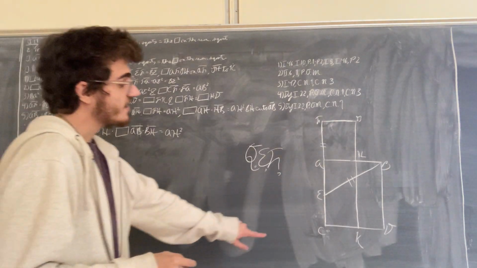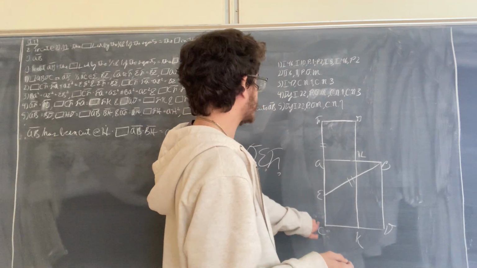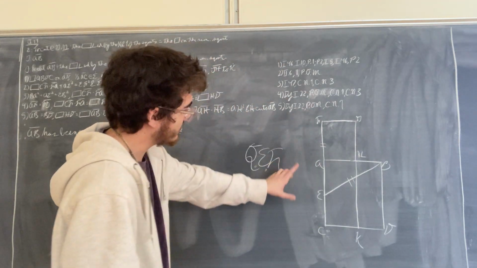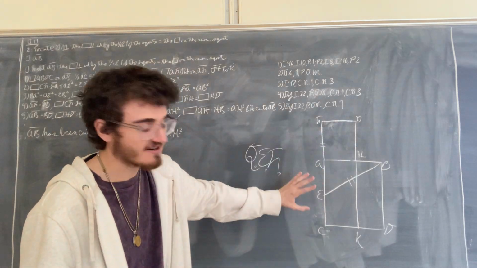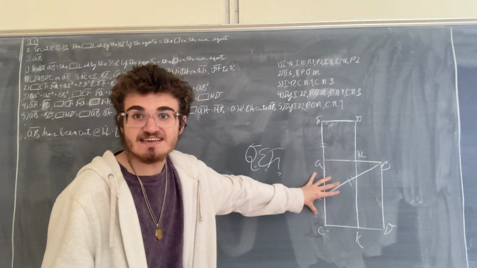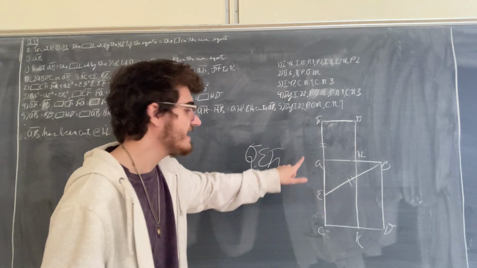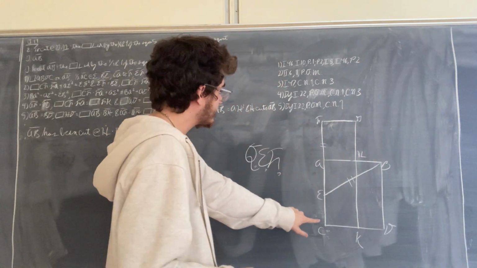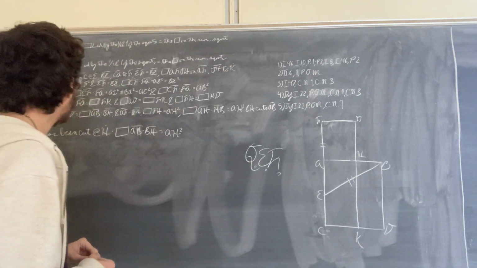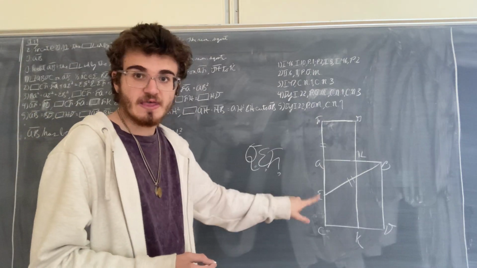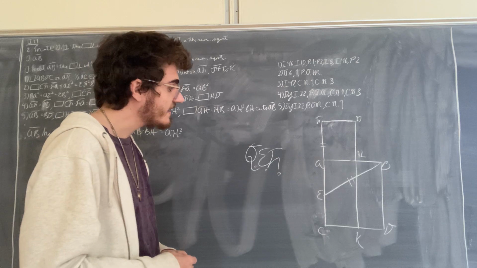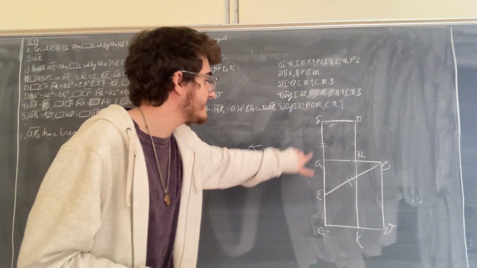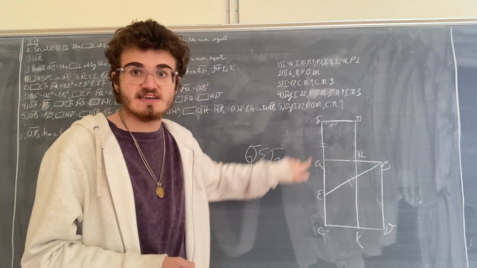In this case, we shall say that the rectangle contained by CF and FA, the whole here in this case, the bisected straight line will be AC at point E, and the added straight line will be AF. We can say that the rectangle contained by CF and FA plus the square on the half, in this case AE, so plus AE squared, will equal the square on EF, which is the half plus the added straight line.